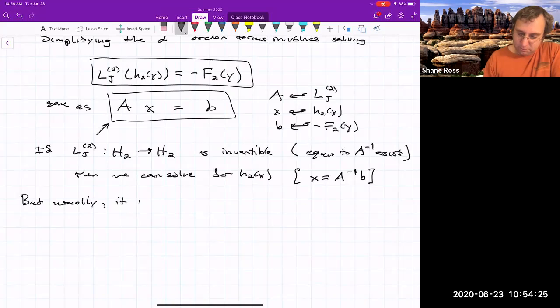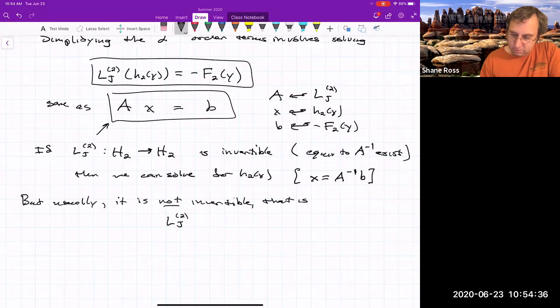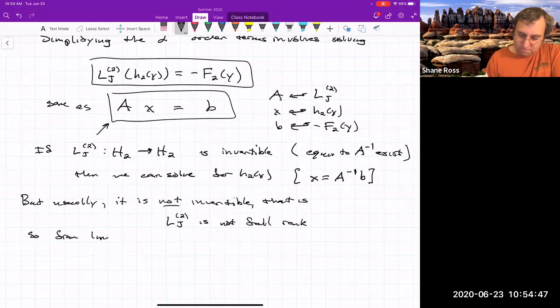Usually it is not invertible. L_J₂ is not full rank. So we go back to our linear algebra.